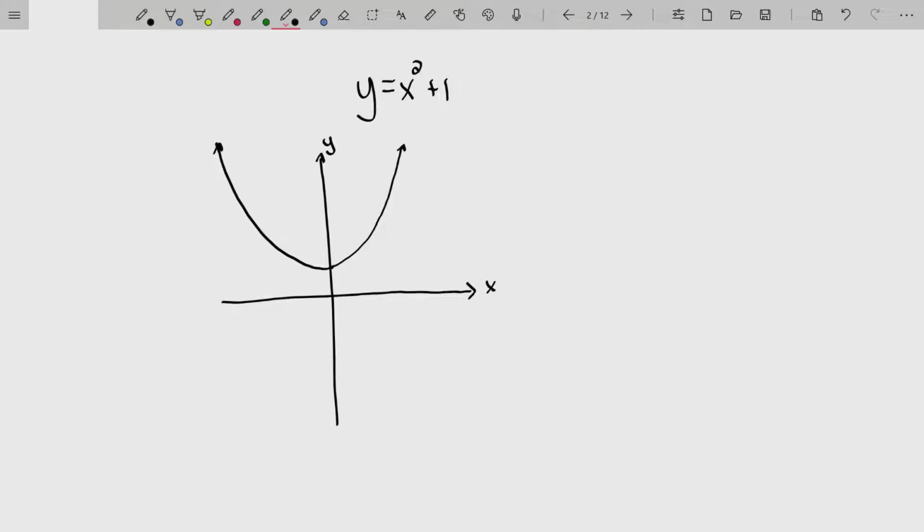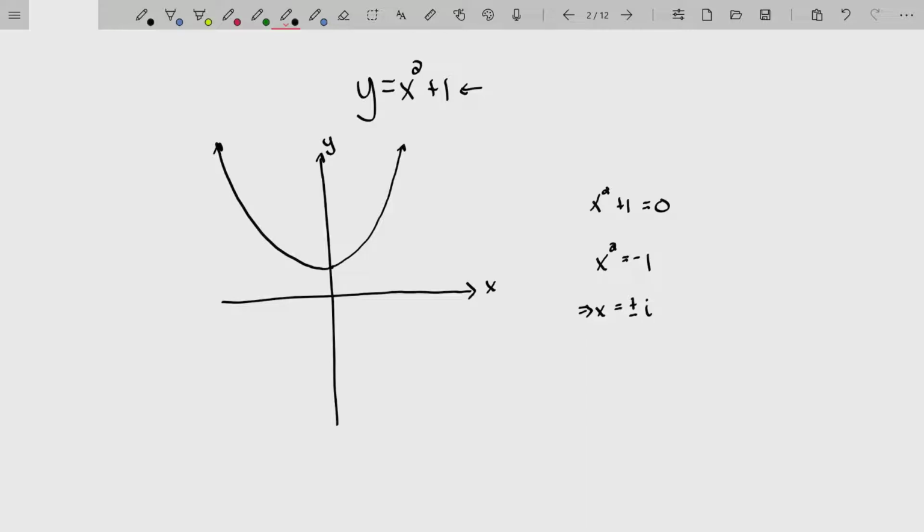So we don't have any spot where this function would ever become 0, because if you wanted x squared plus 1 to become 0, you'd find out that it becomes 0 when x squared is negative 1, or in other words, when x is equal to plus or minus the square root of negative 1, which we know is i.